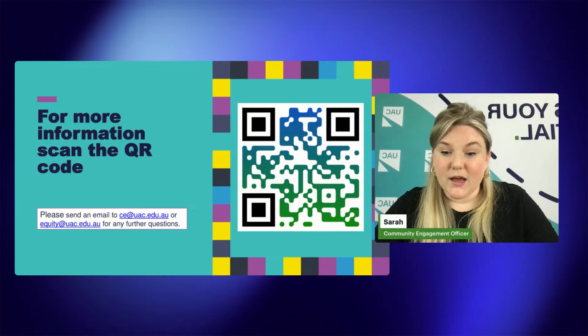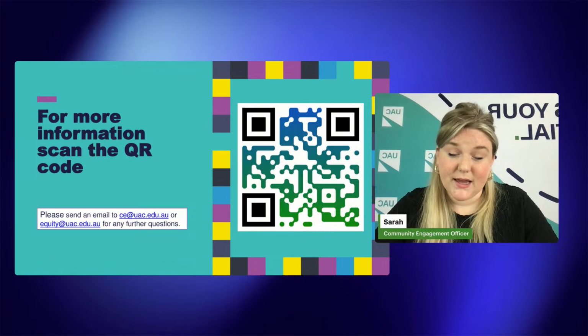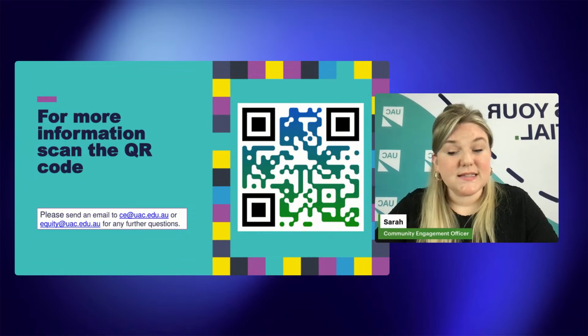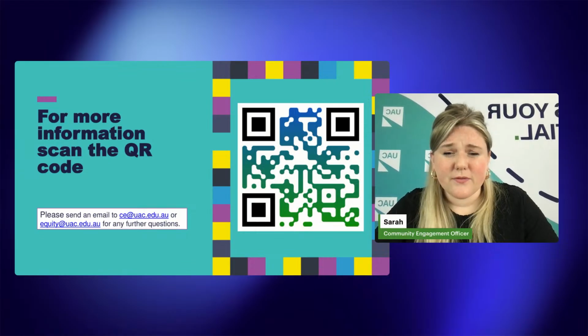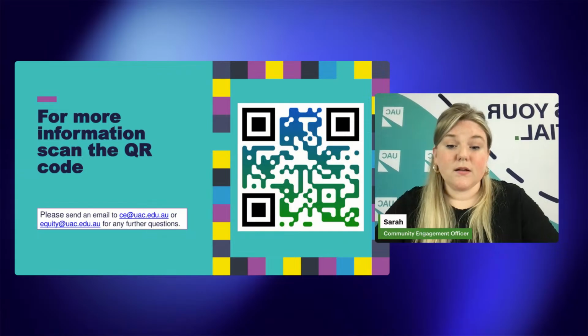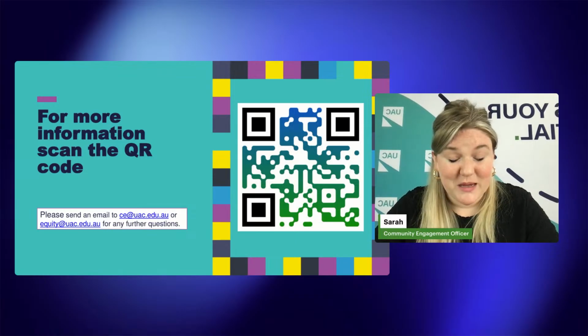Or equity@uac.edu.au will go through to our access team who look after our EAS process and applications. Okay, so you can send an email to either of those email addresses if you have a specific question, but that QR code will take you to the section on our website that has all of the information.